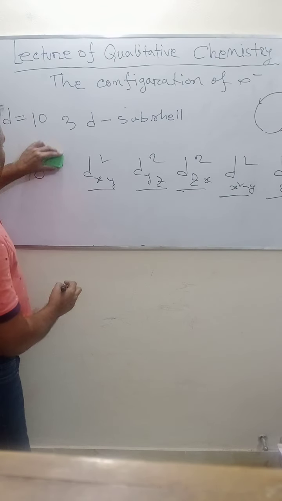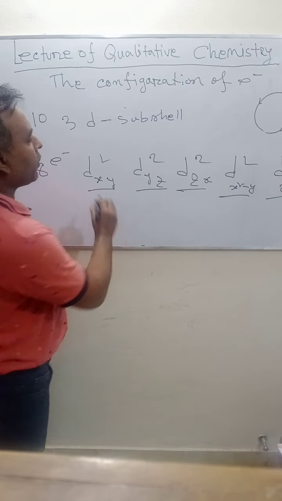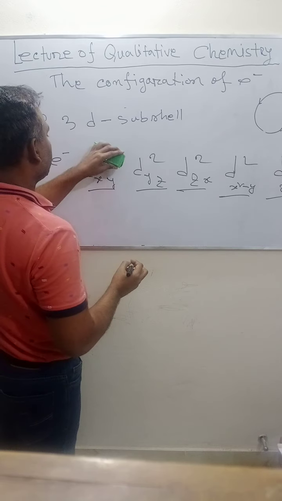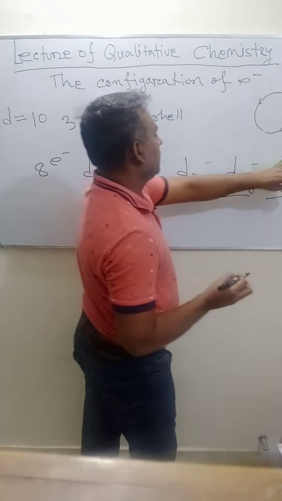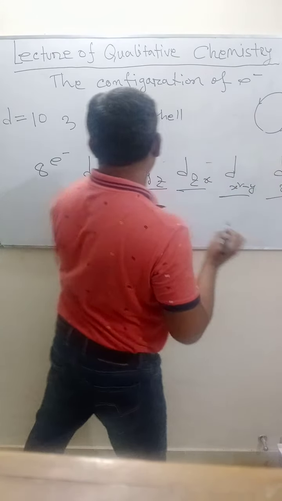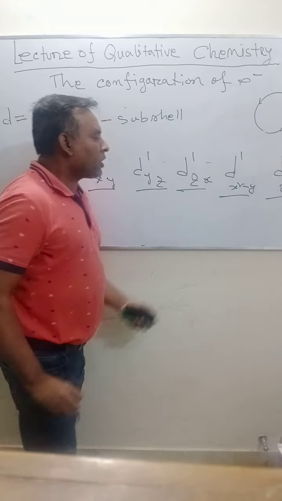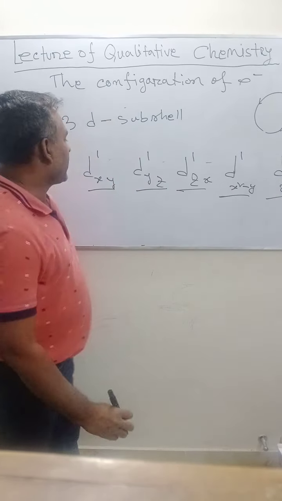As you have 8 electrons, how will you distribute here? So first you give 1, 1, 1, 1, 1, because all have the same energy.